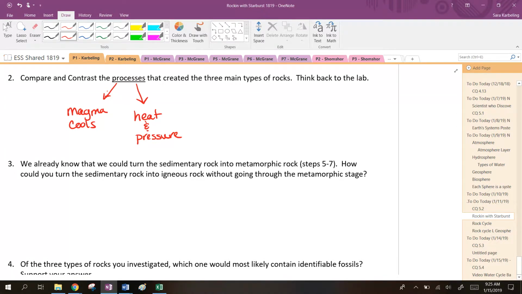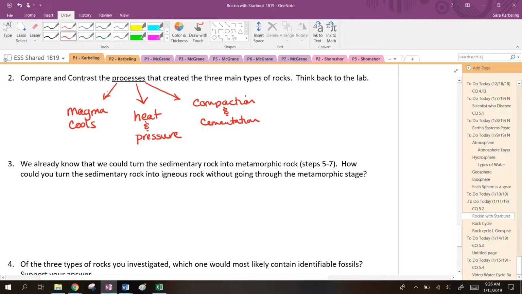Igneous rock. Heat and pressure gives you metamorphic. And then what's our last kind of rock? The rock is sedimentary, and the process is compaction and cementation.